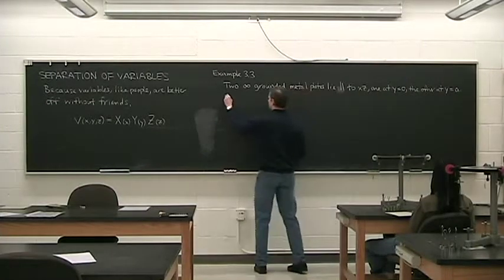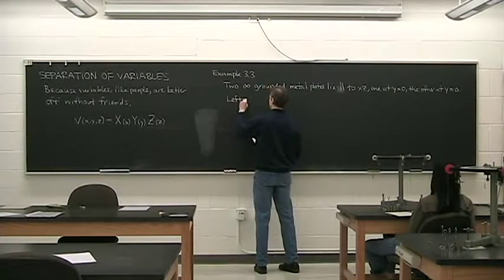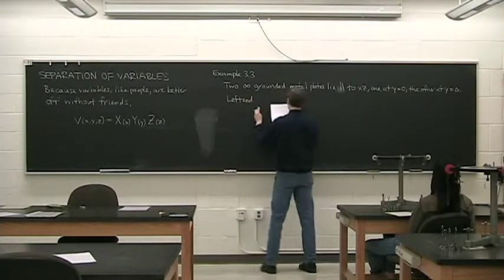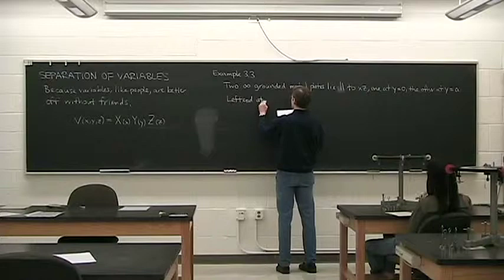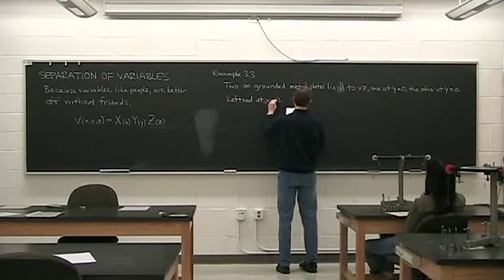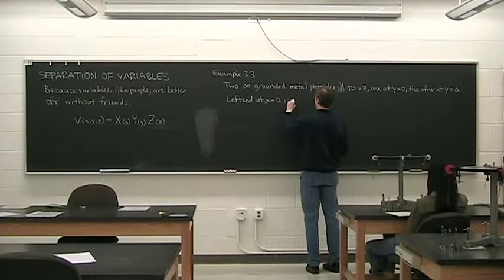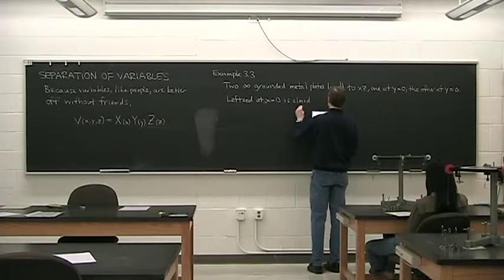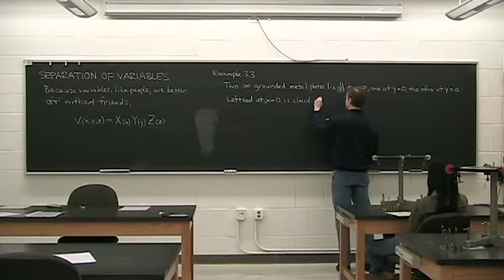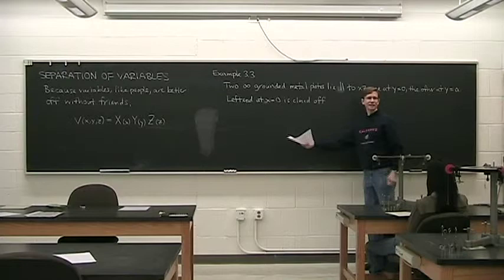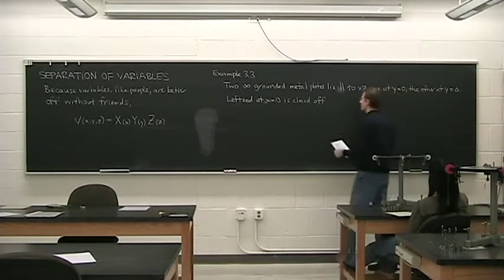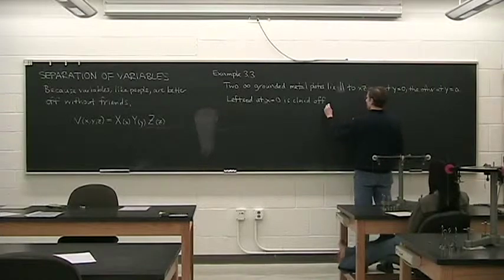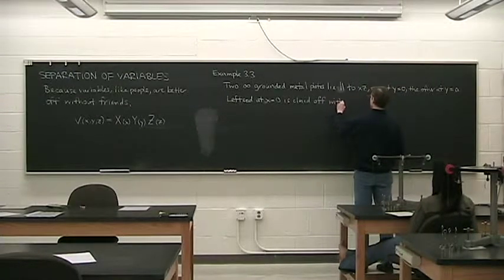And the left end, at x equals 0, is closed off with an infinite strip. I always like these infinite planes and infinite strips and all that. I'd like somebody to build one of these for me sometime. But anyway, closed off with an infinite strip.